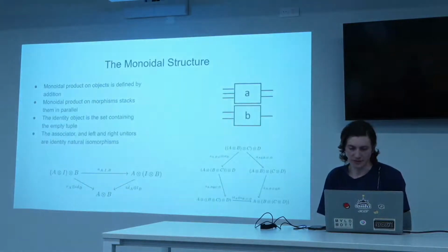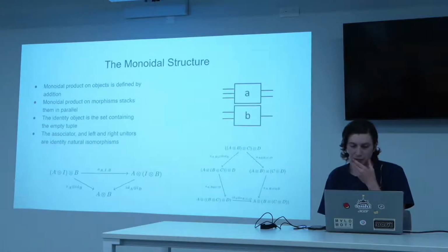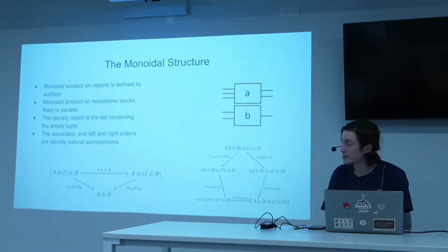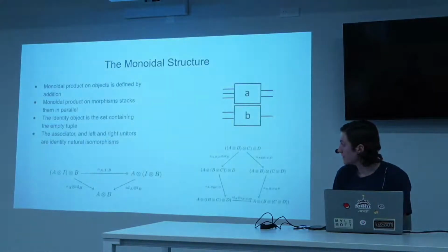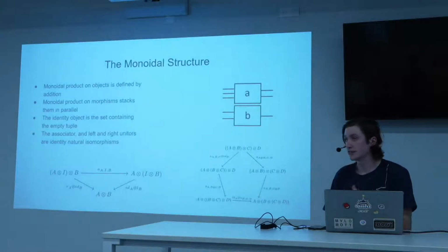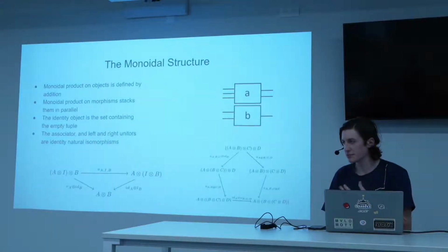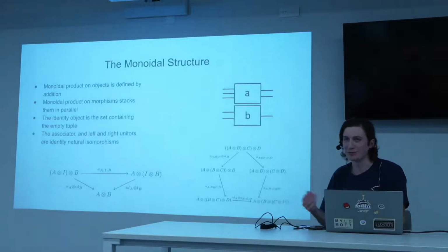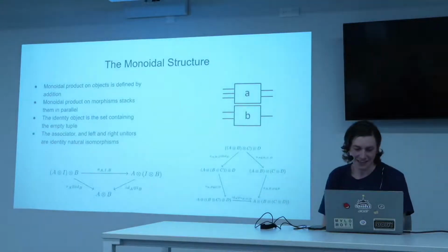I'm now going to describe the monoidal structure, where the monoidal product is the mathematical analog of parallel composition of signal processes. So as you can see here, the monoidal product operates on objects as being defined by addition. This is just because when you combine signal tuples, you just get a larger signal tuple by adding together their sizes.